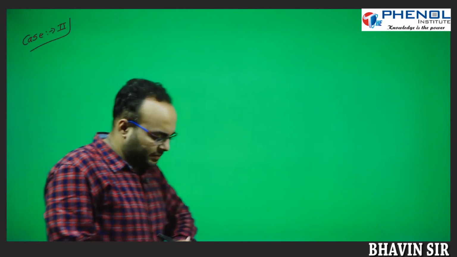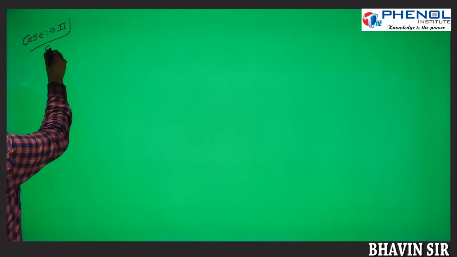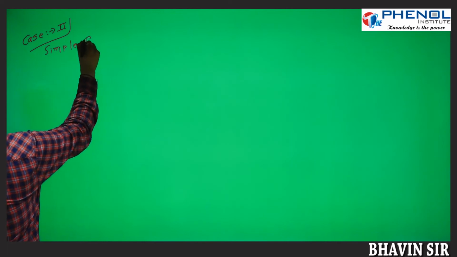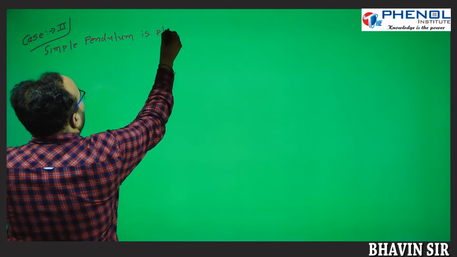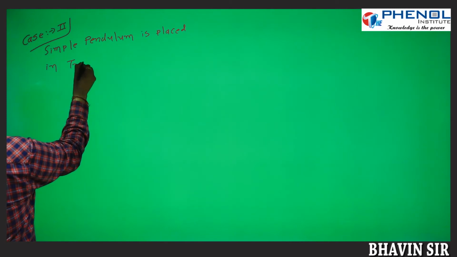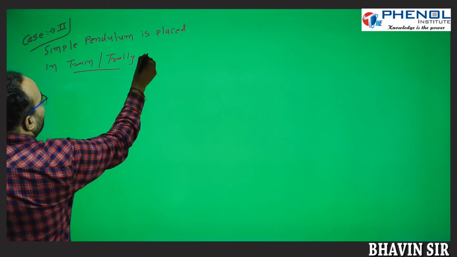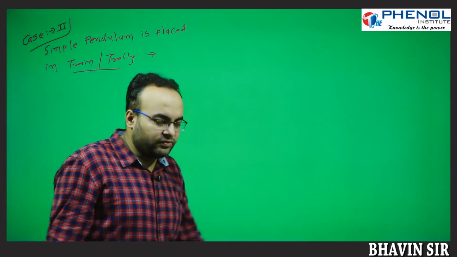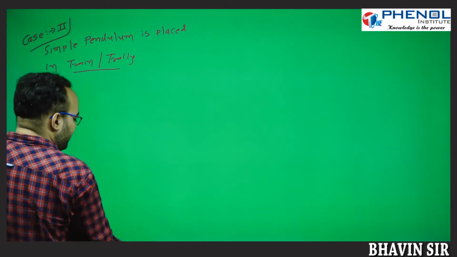In the first case, the pendulum was placed in a lift. Now the pendulum is placed in a train or trolley. So now we discuss, students, what is the change in the formula.